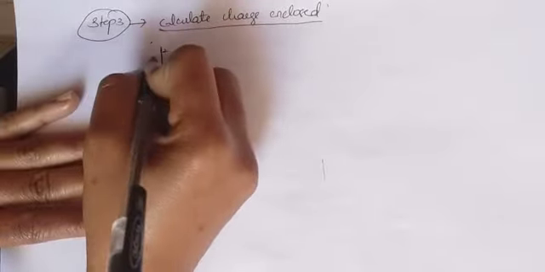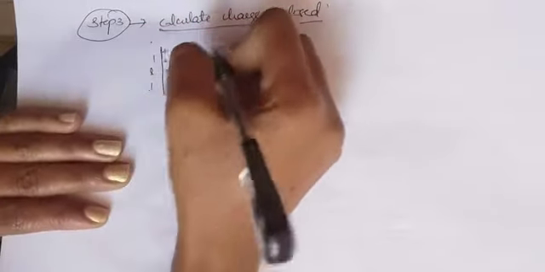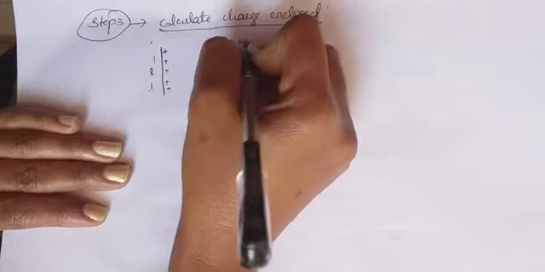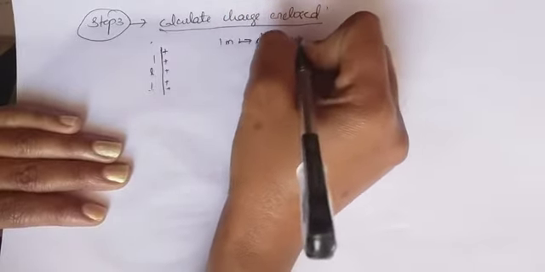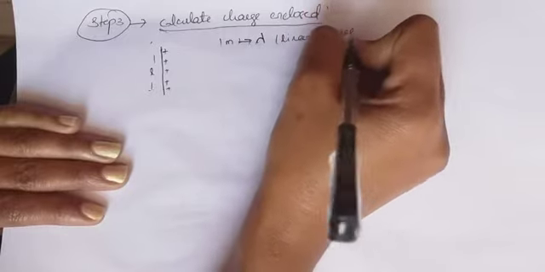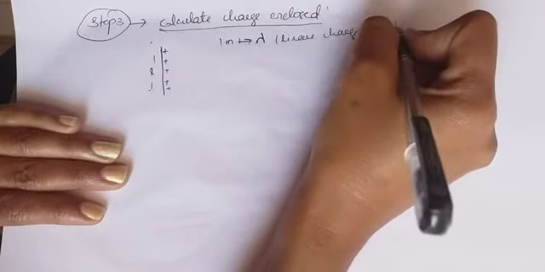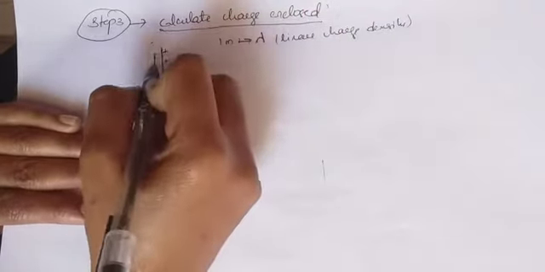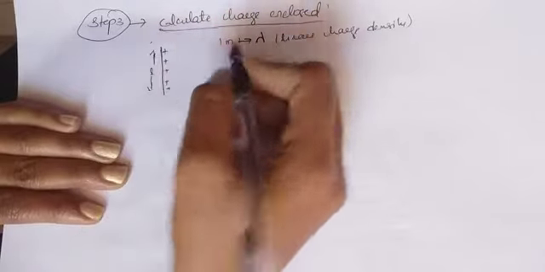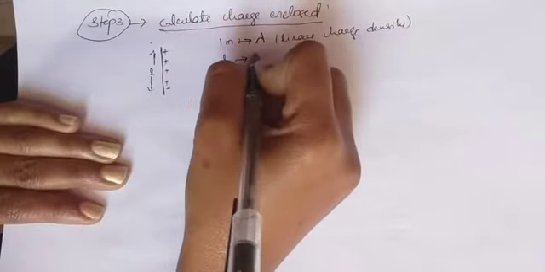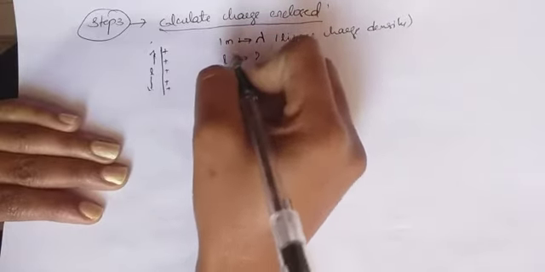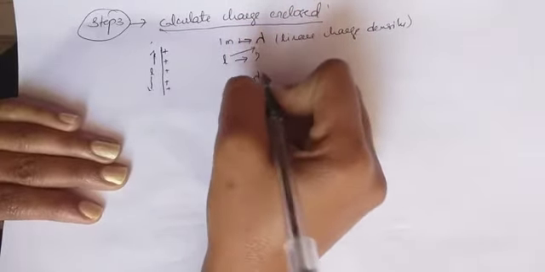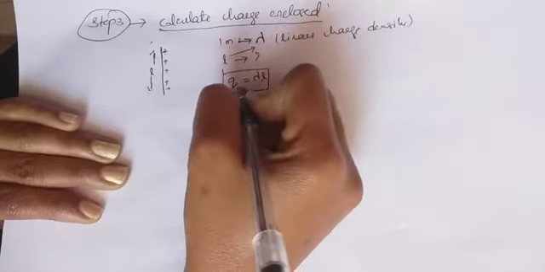For 1 meter length the charge is lambda, so this is known as the linear charge density. But here we have the length of the conductor, that is L. For L length of the conductor, what is the charge? The charge is equal to lambda into L. So this is the charge enclosed.